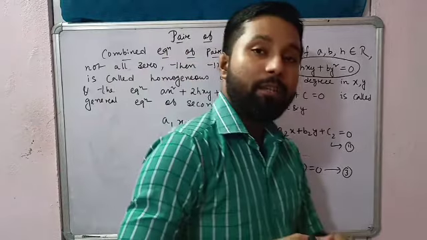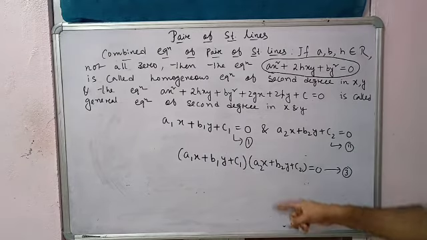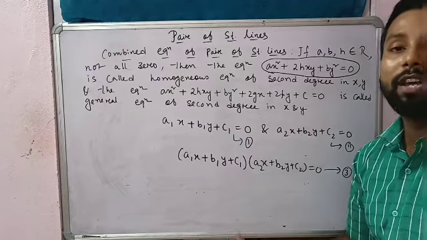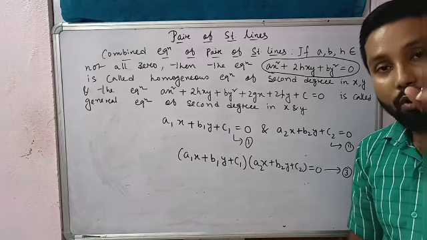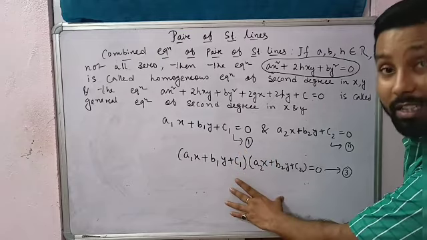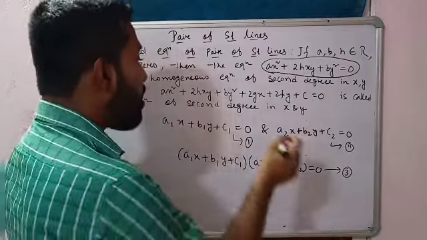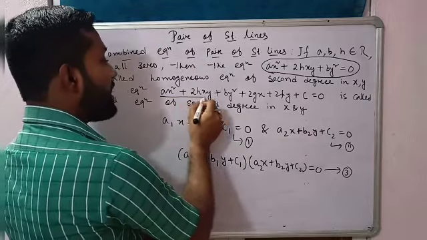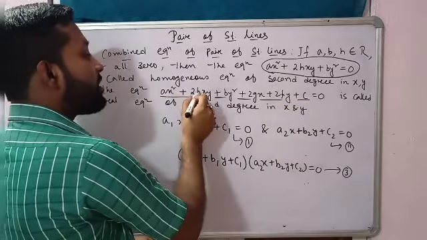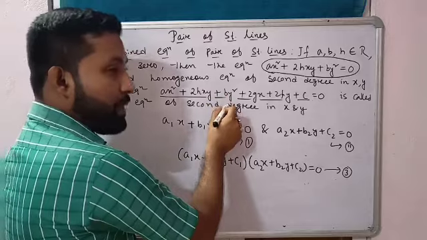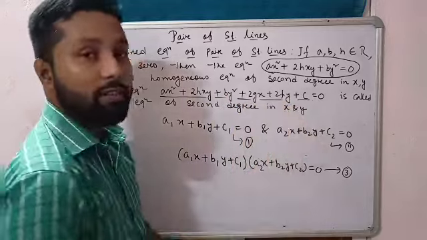The point P must satisfy the equation a1x plus b1y plus c1 whole into a2x plus b2y plus c2 is equal to 0, right? So if we expand the third equation, it can be reduced in the form of, look at the second definition, ax square plus 2hxy plus by square plus 2gx plus 2fy plus c equal to 0.